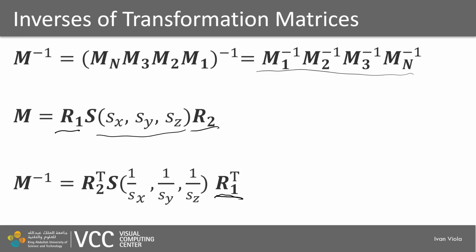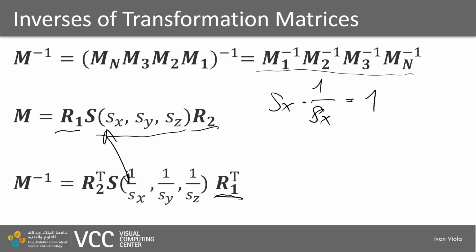For scaling, if we want to scale something, then its unscaling will be to put the reciprocal of the previous scale factors in order to obtain 1, because Sx times 1 divided by Sx, as we see here in the first components of the original matrix and its inverse, will result in 1.